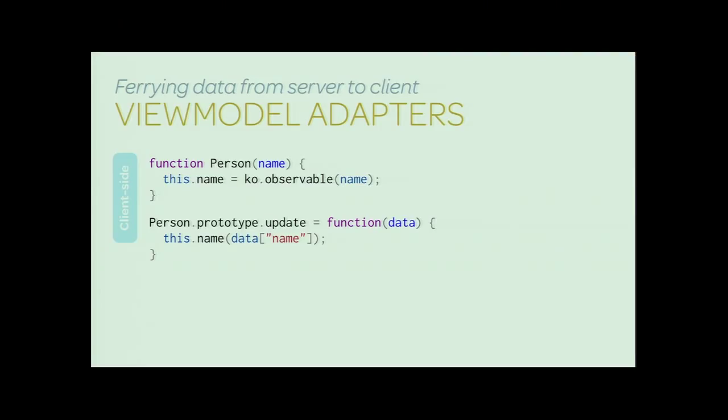So we had the data on the server, we got it into the right format that it expected from any number of database models, and then we ferried that over to the client where we're able to initialize this client view model, which deals with the concepts that are in our interface instead of the concepts that are in our database.